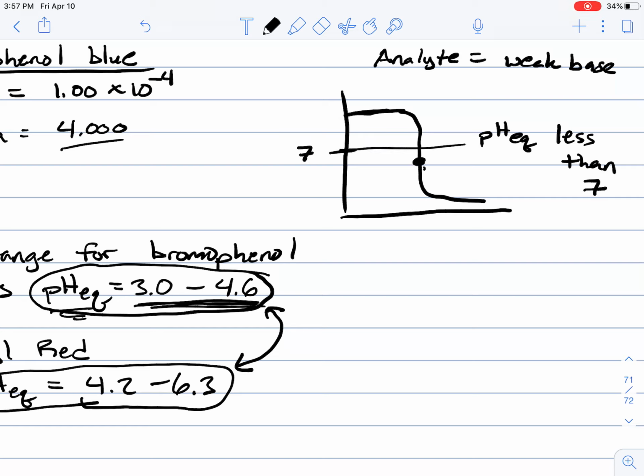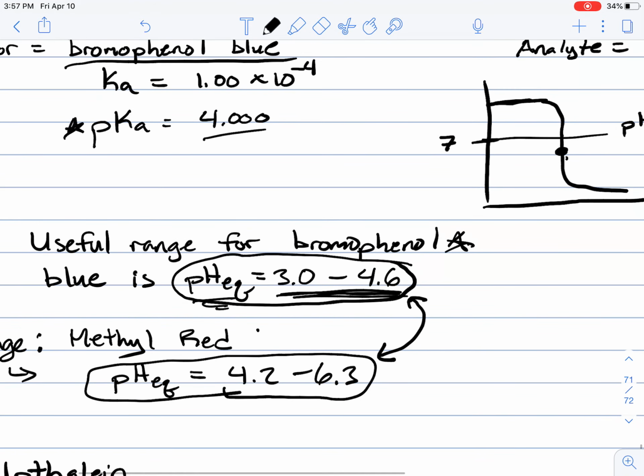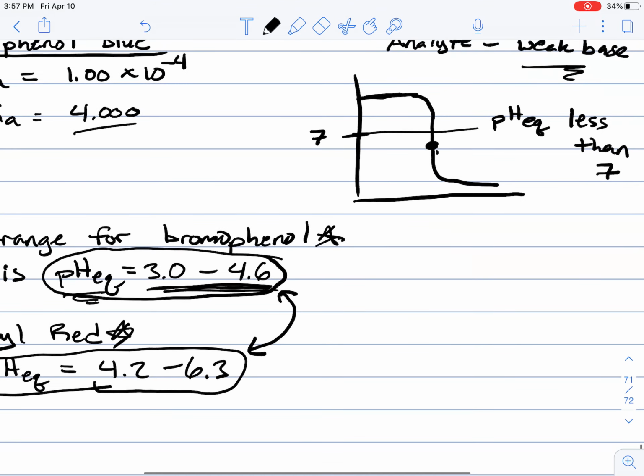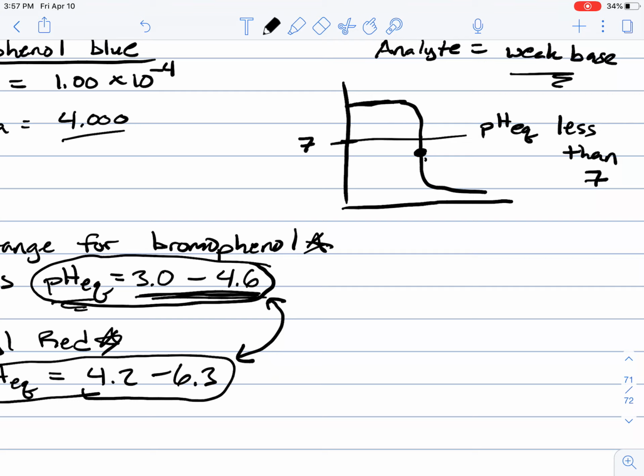So if we kind of go across, the pH is going to be less than 7. So you can probably use bromophenol blue or methyl red to signal the endpoint if the pH at the equivalence point of your titration is somewhere along this range.